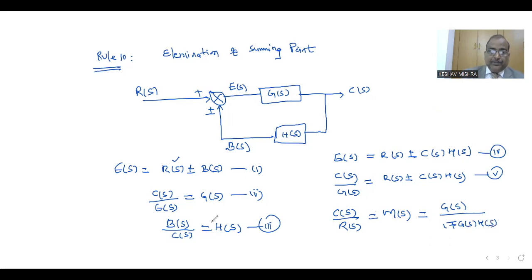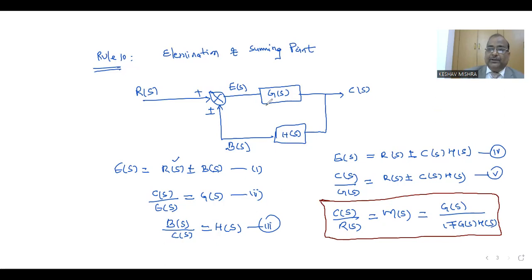So this is the final overall transfer function for this arrangement. If we are taking negative feedback, then it is 1 plus G(s) H(s). If the sign is plus, then 1 minus G(s) H(s) will be taken.